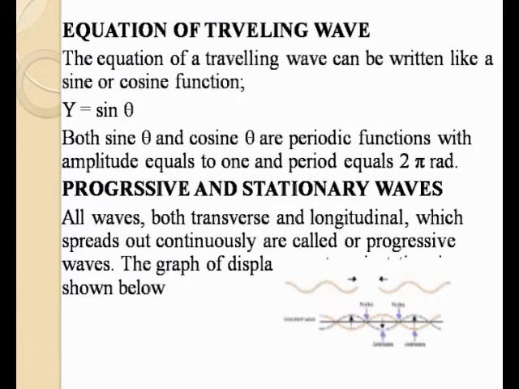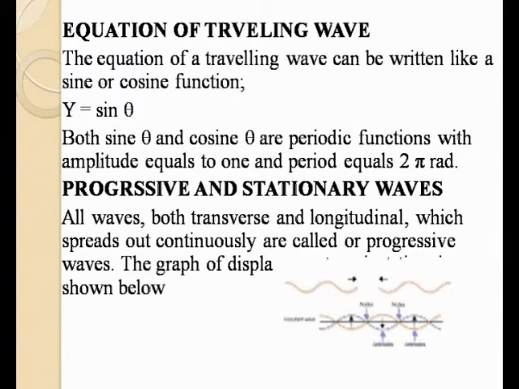Number one, your phi, which is known as your constant angular distance, is given as 2 pi x over lambda. That's your phi. Are you getting it?